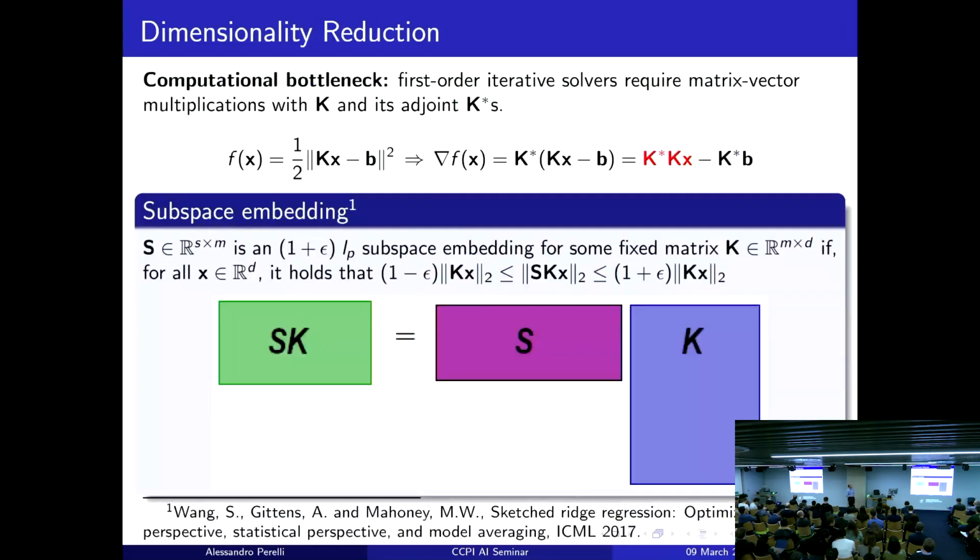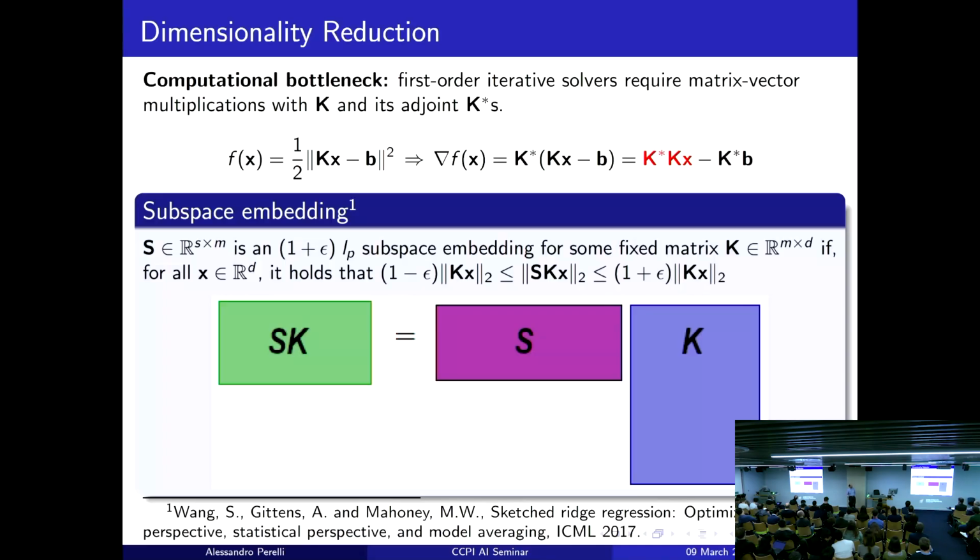From a computational perspective, if we exploit a first-order solver, the bottleneck, even if we use a handcrafted or learned regularizer, is in the computation of the gradient of the data fit, especially this term in red, because we have a big high-dimensional D times D matrix, K adjoint times K, which needs to be updated every time because X changes at every iteration.